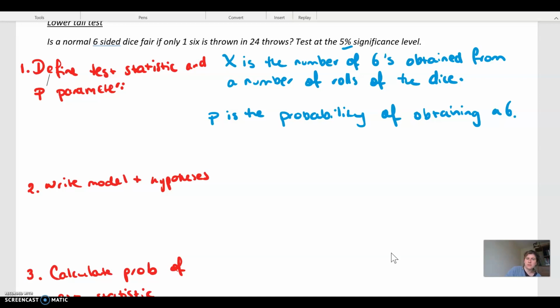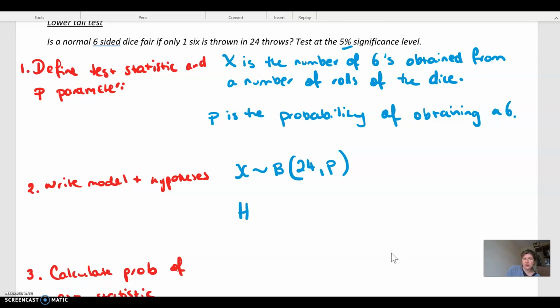In this case, our model is that our test statistic, X, is approximately binomial. We've got 24 trials and we're looking at a probability p. Now you can't write down what p is yet, because that's what we're testing for. At some stage we're going to accept what p is, but we're not doing that for the moment. From there, we write down our hypotheses.